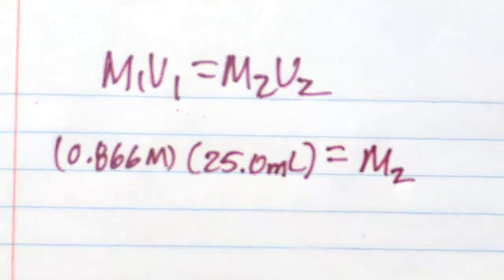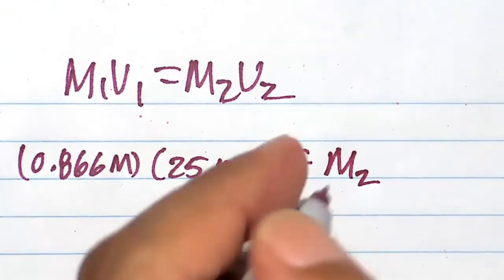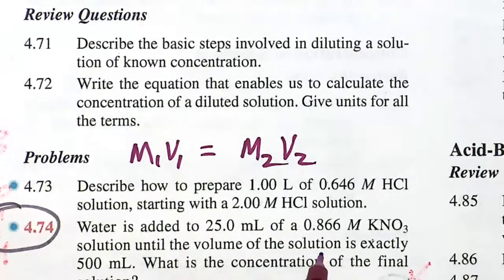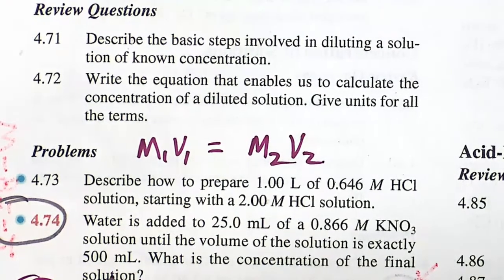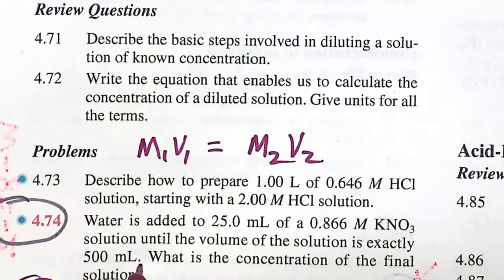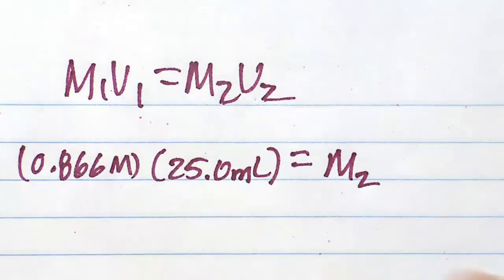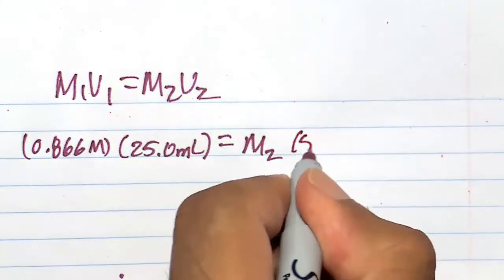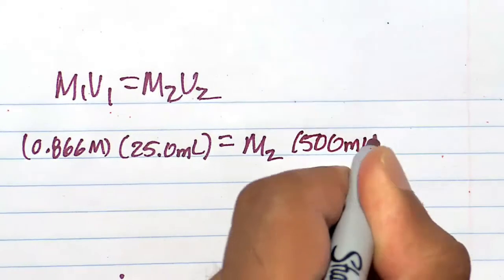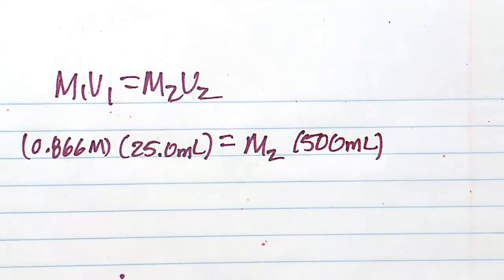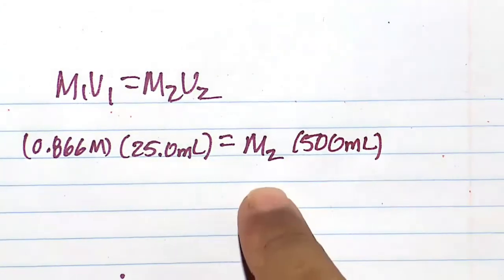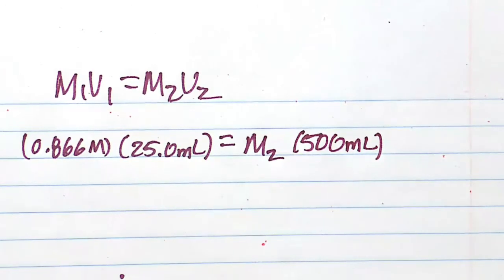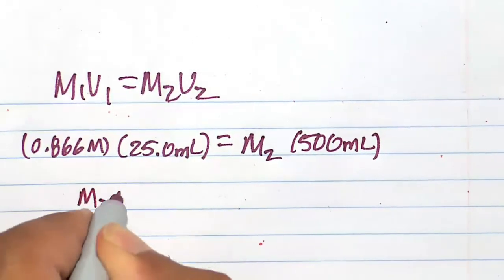But we filled it up to a final volume. We actually added 475 mL to get the final volume to 500 milliliters. We put enough water to get the total volume to be 500 milliliters. What's the concentration then? So we'll solve for M2.